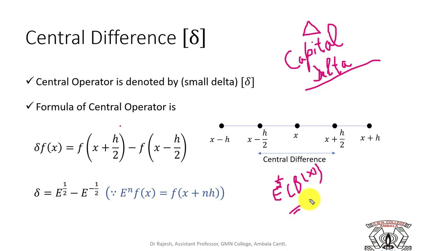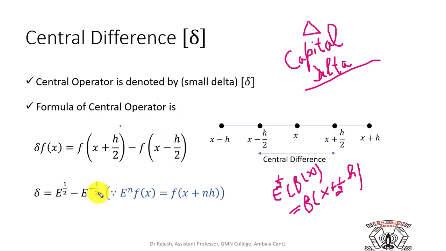If it is applied n times it will be n times h, if it is applied 1 by 2 times it will be h by 2, and this is the inverse.